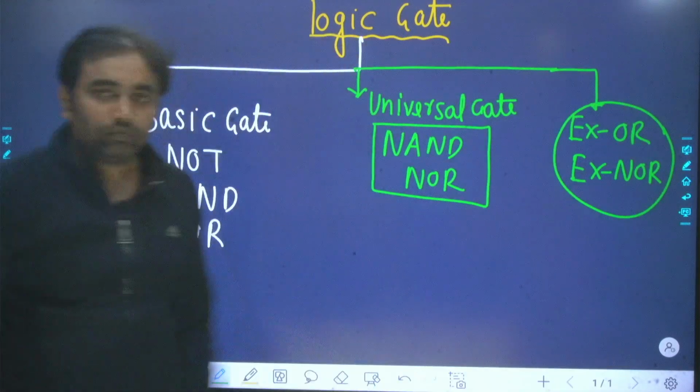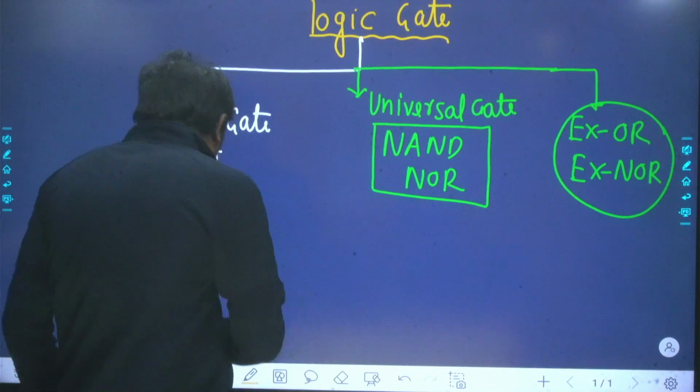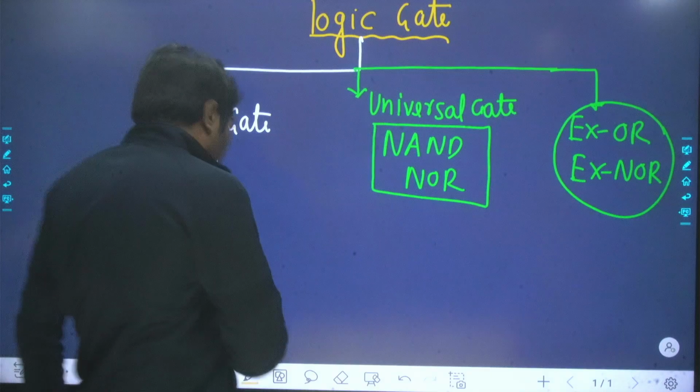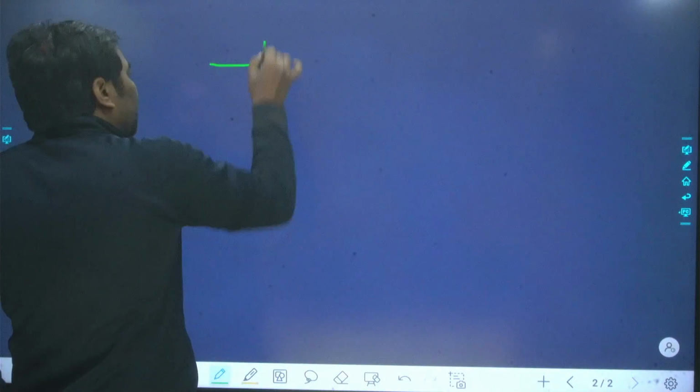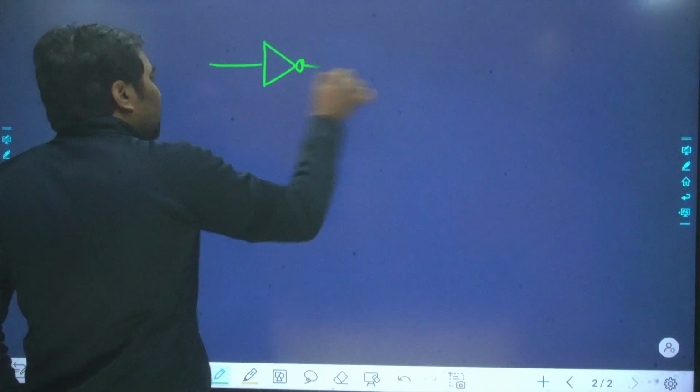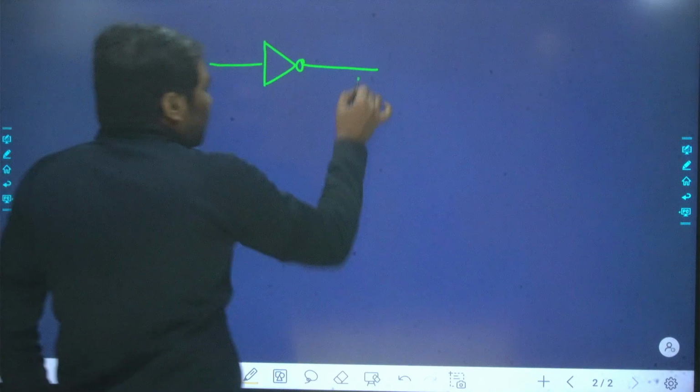Okay. Now, the first one is the NOT gate. When we are talking about the NOT gate, when we apply 0, we are getting 1.